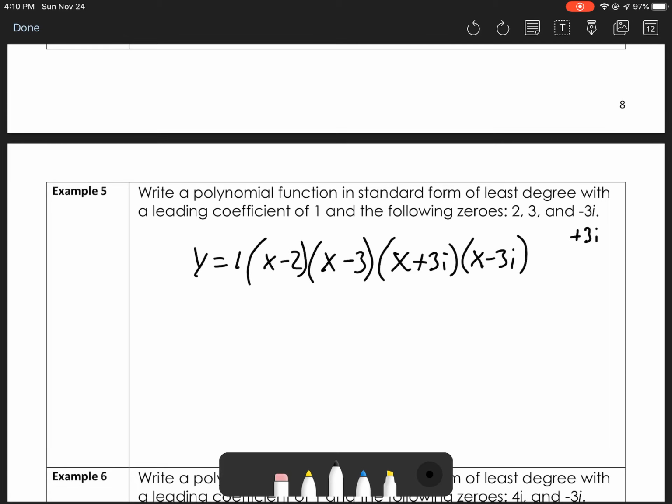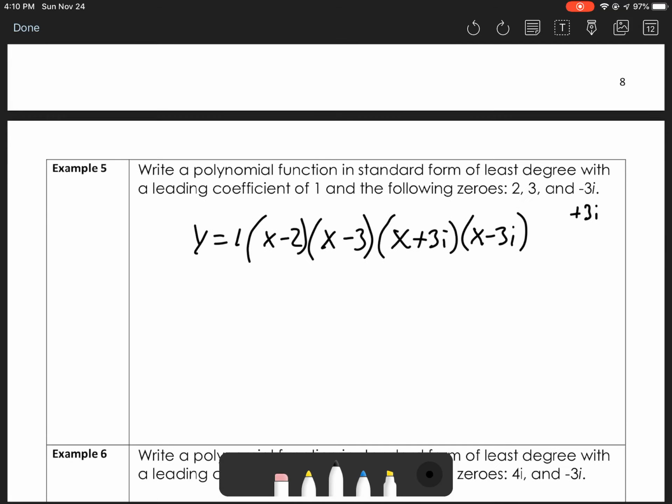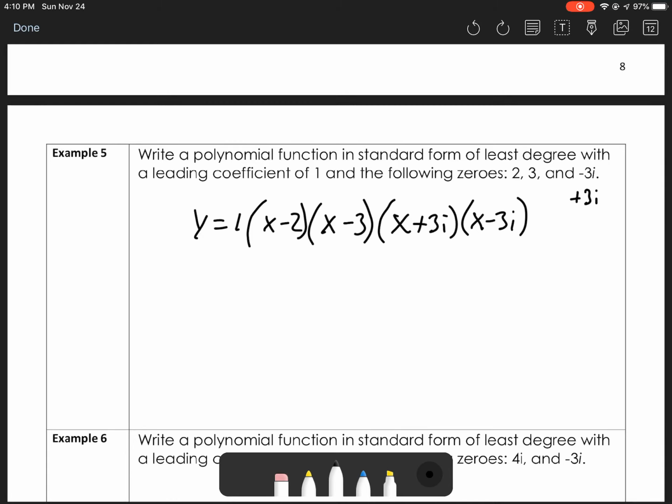Now this one tells us to write in standard form, and this one's a lot easier to put in standard form. We just need to FOIL. So let's take these two at a time. So the first ones we're going to multiply are x minus 2 and x minus 3. That will give us x squared minus 2x minus 3x plus 6. And we can actually multiply the ones on the right as well. That's a difference of squares, which is what we want because we want to get rid of our imaginary numbers here.